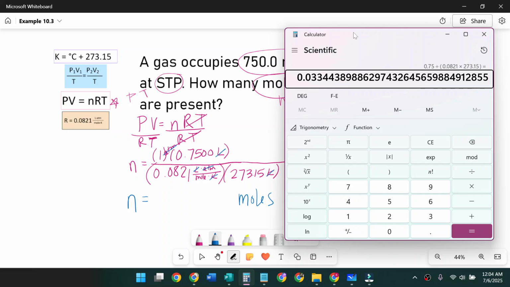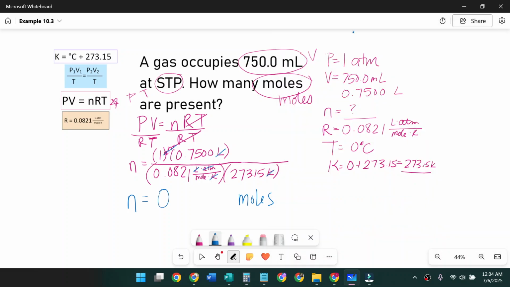So we need to round this to 4 decimal places as our, not 4 decimal places, 4 significant figures. So we have 0.0334. Not 4 decimal places, 3 decimal places. So that's our answer.